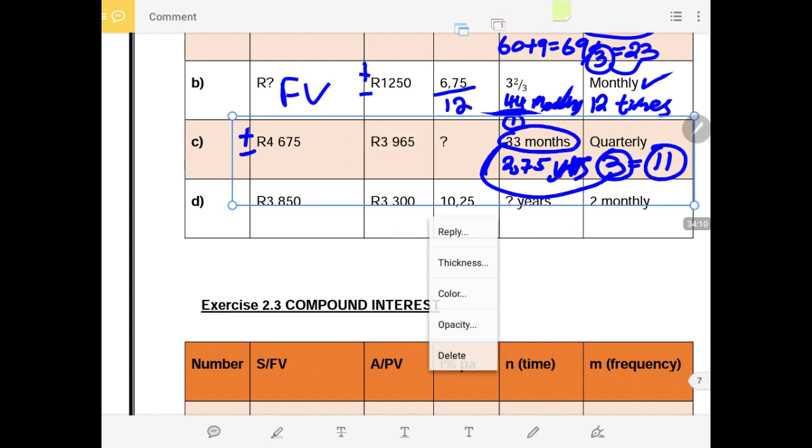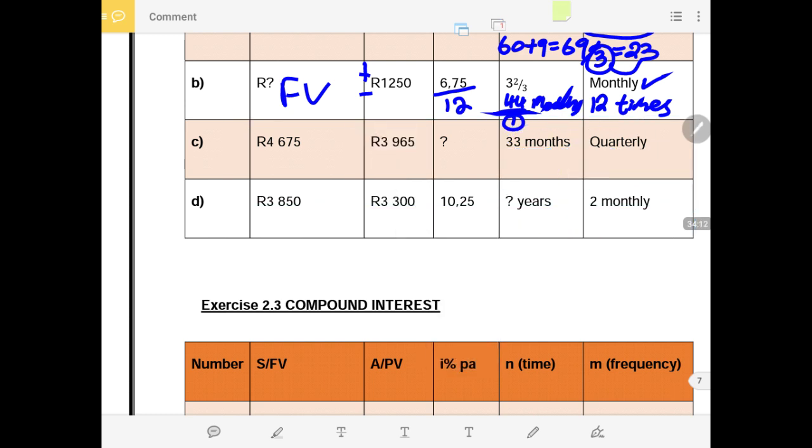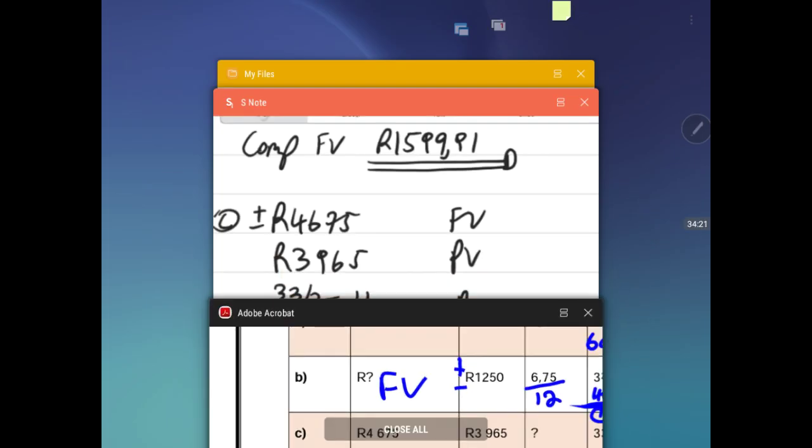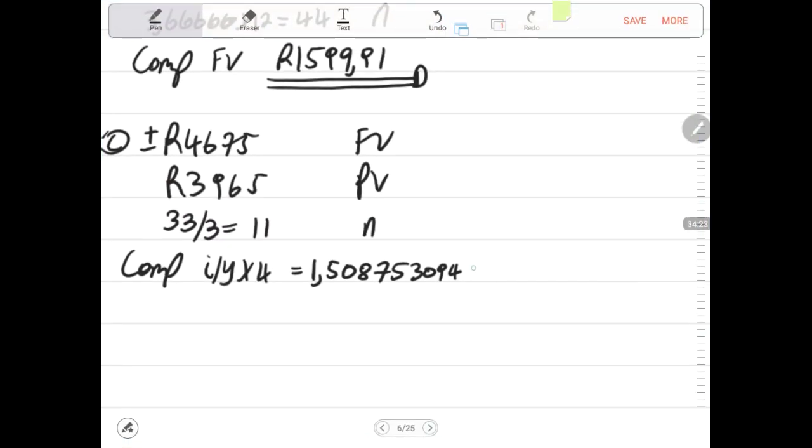Just to clarify, quarterly means 4 times in a year. So the interest that we have is after we have divided by 4. We need to say times by 4 in order to get the interest for the full year.